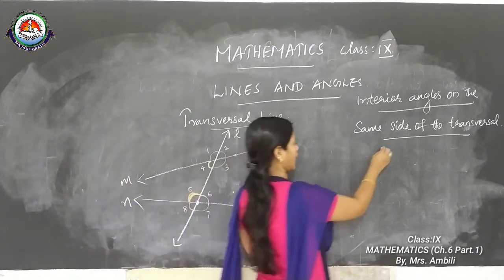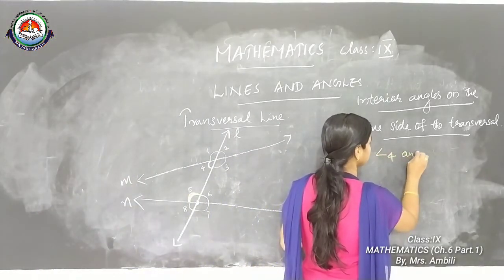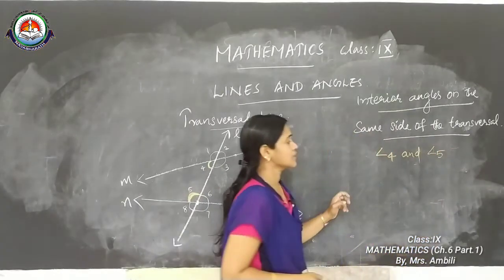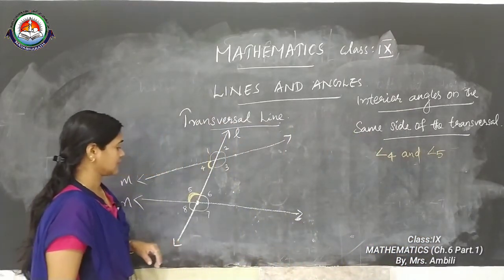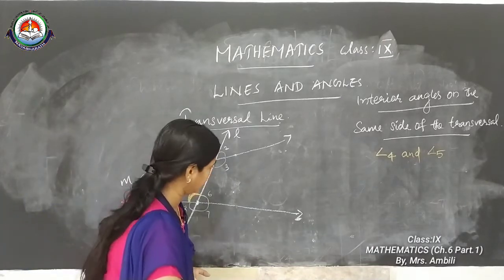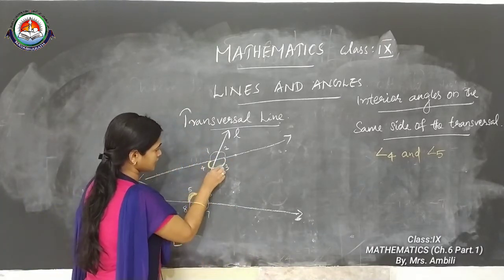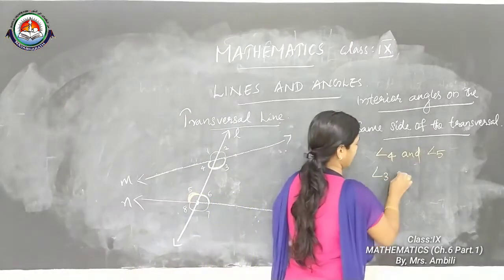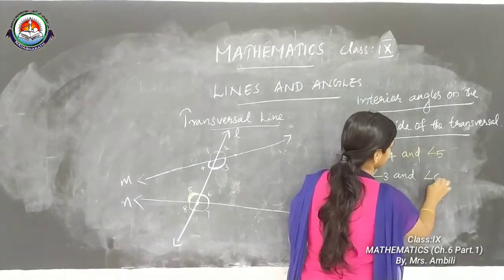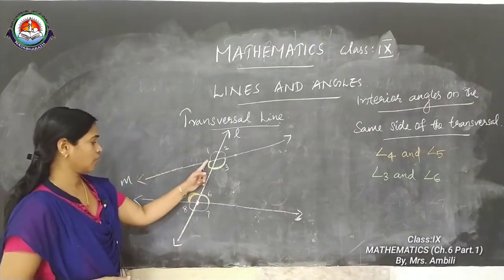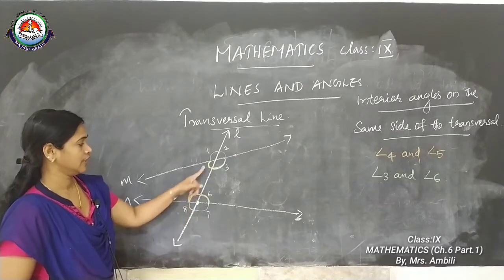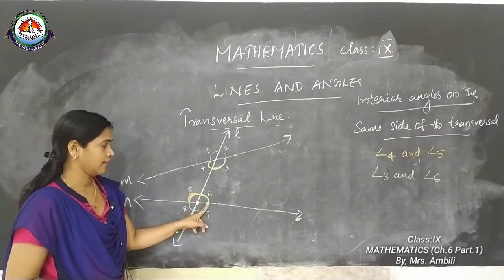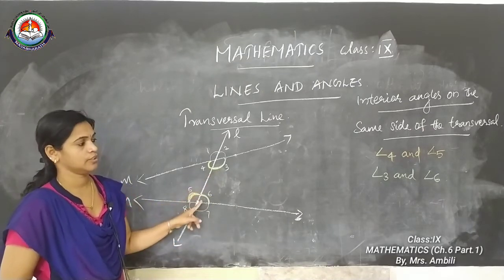So we got the first pair, angle 4 and angle 5, interior angles on the same side of the transversal. What is the next pair? Angle 3 and angle 6, interior angles on the same side of the transversal.